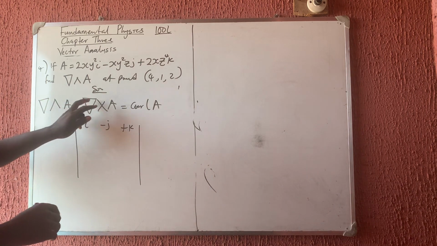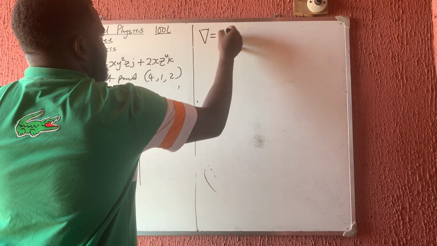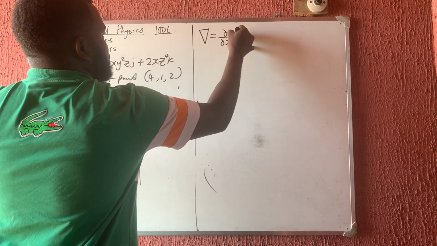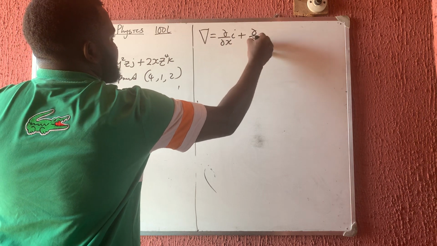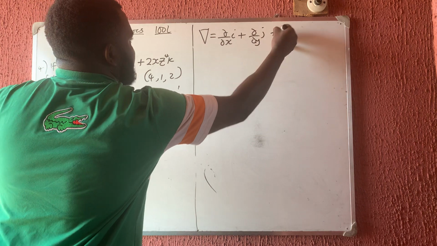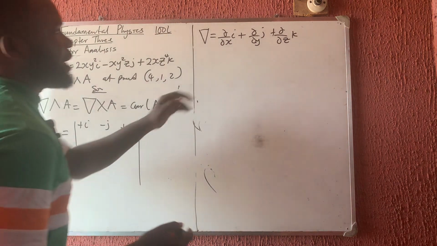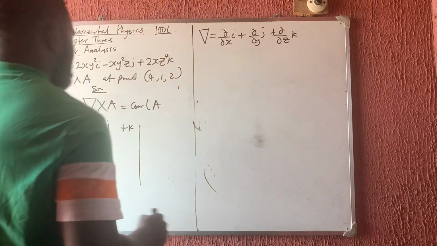And don't forget the meaning of this operator. It means partial x, you put your i, partial y, put your j, then partial z, you put your k. So that's the meaning of this. And as you can see, it has i, j, k, so it's a vector. So let me now put it.